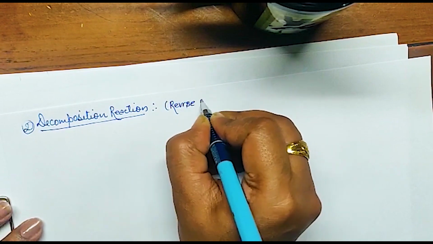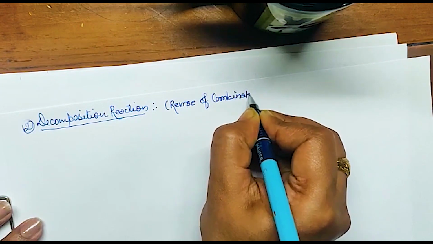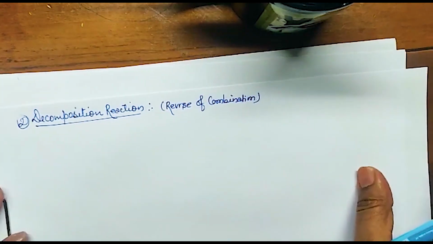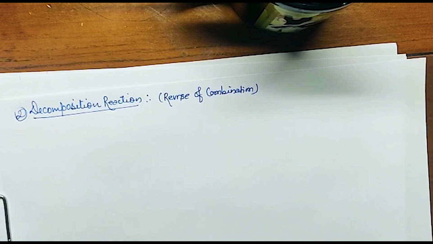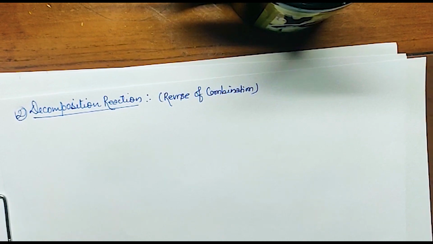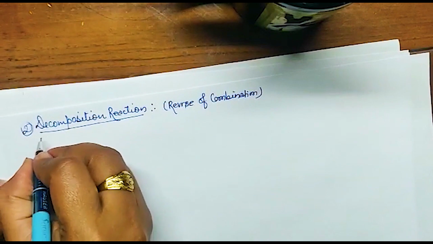Suppose in the combination, what was that? Two substances combined together to form a new substance, isn't it? In the decomposition, what will happen? One substance will decompose into two or more substances. Got it? Definition, let me write.